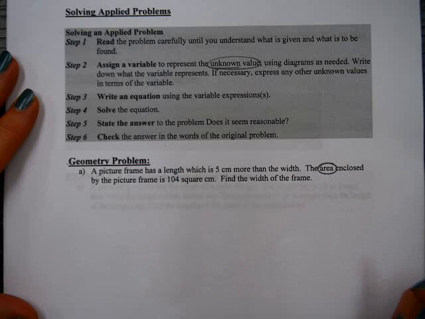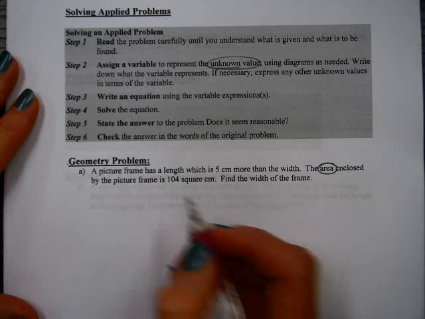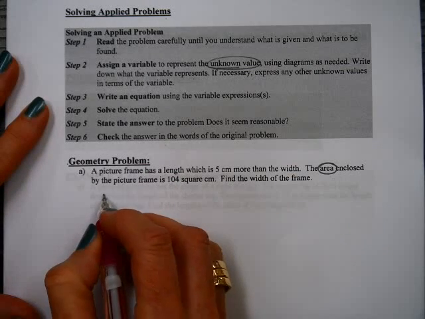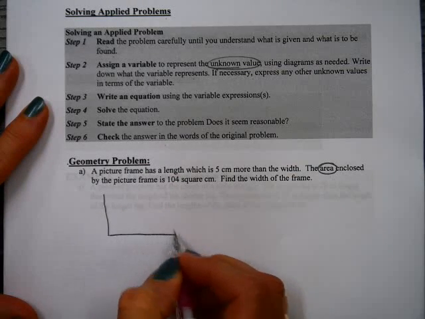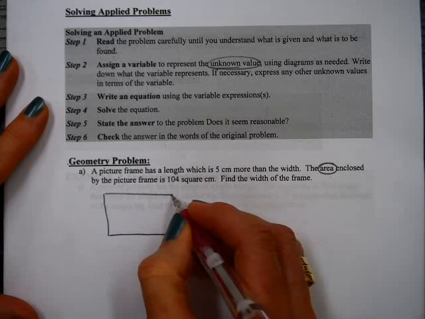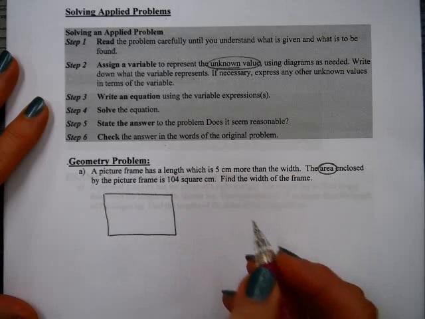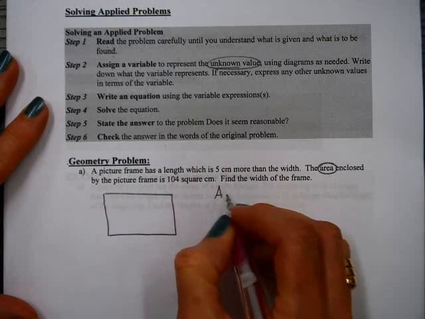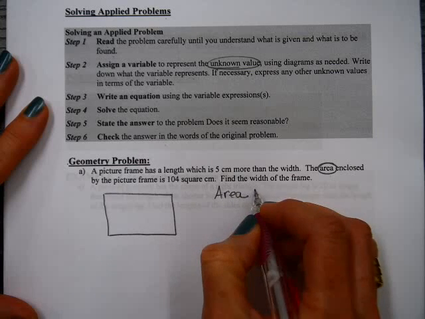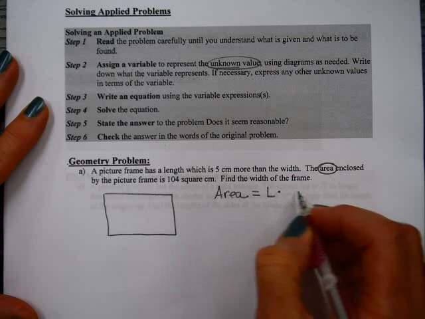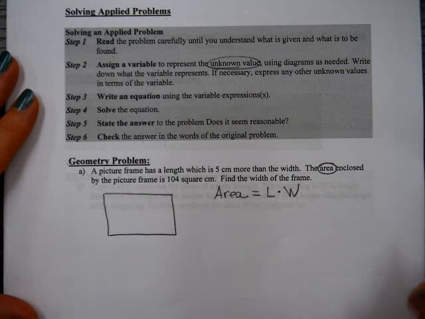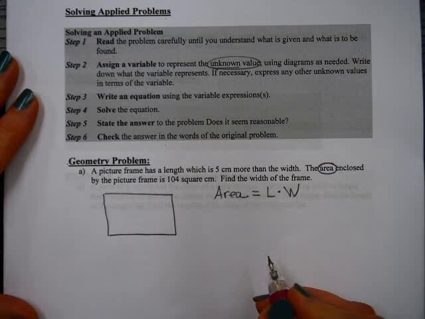I circled area because that's one of our key words. A picture frame is going to look like this. This is a rectangle, and you remember that in order to find the area, you need to multiply length times width.